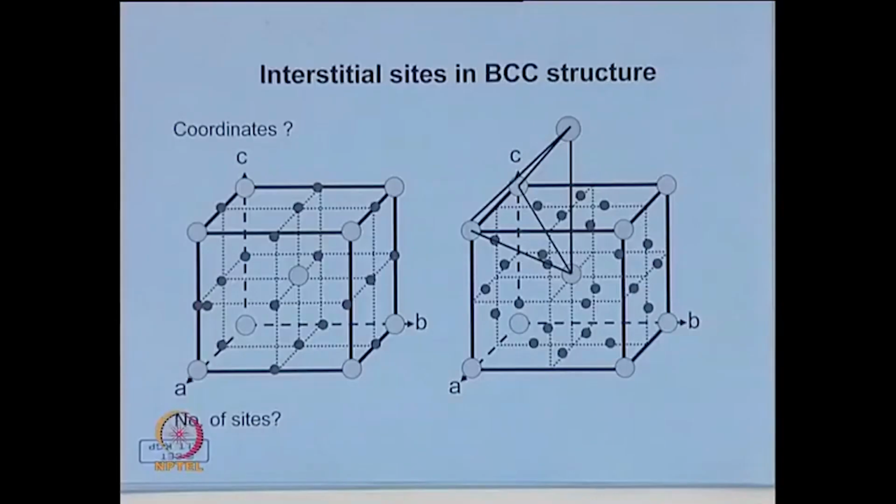Now, let us look at these crystal structures a little more carefully and look at the interstitial sites that are present in a lattice which can accommodate a second element or second atom. And this will be of great importance in subsequent lectures, particularly to understand the structure that you get in steel.